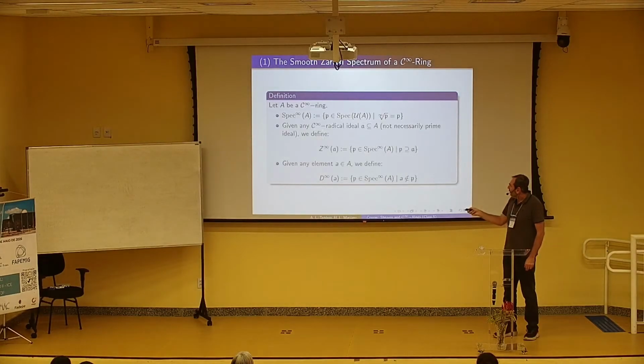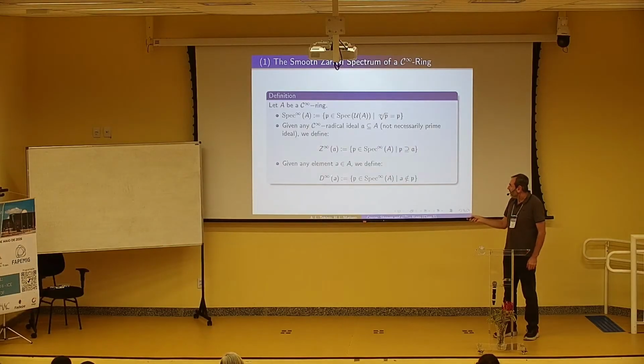A topologia que se põe aqui é exatamente como se faria com a topologia de Zariski de um anel. Então, os fechados em cima de um conjunto são todos os ideais primos radicais, ou infinito radicais, que contêm aquele conjunto. Pode ser para um ideal também.